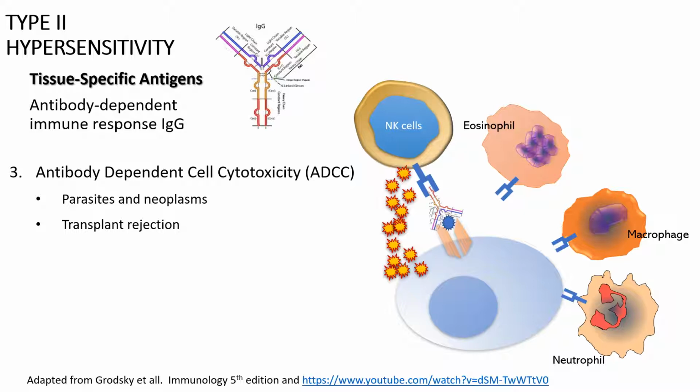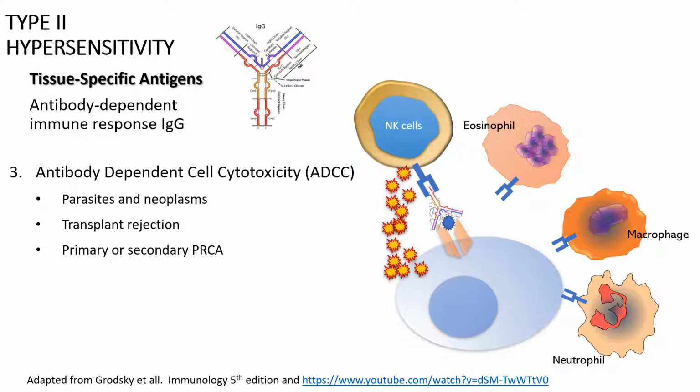It is called antibody-dependent cell cytotoxicity because it entirely depends on having an antibody and engaging the Fc receptor of the effector cells into producing the enzymes that kill the target cell.